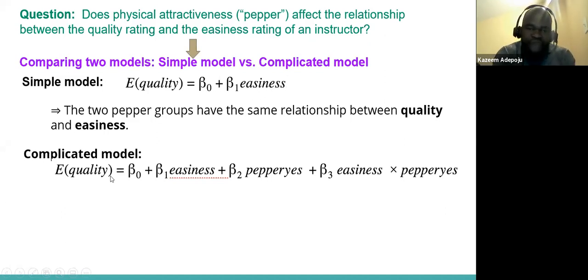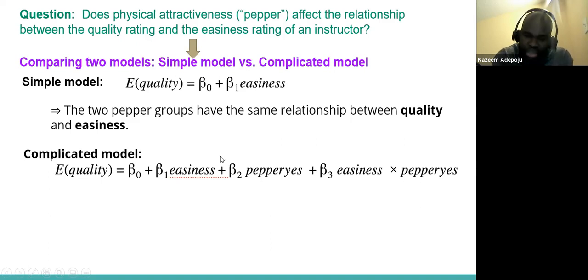If I want to go from this model to this model, when beta 2 equals 0 and beta 3 equals 0, I go from this model to this model. Therefore, these two models are nested.